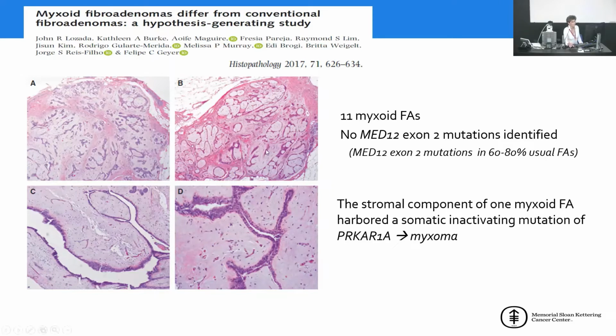We also found one case where the stromal component of the myxoid fibroadenoma had the same somatic inactivating mutation that is found in Carney's syndrome. So this could have been actually a myxoma. So I really wonder if these are truly fibroadenomas or myxomatous lesions that look like fibroadenomas because they are in the breast.